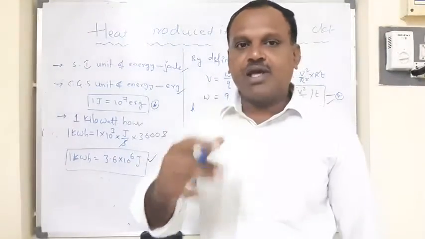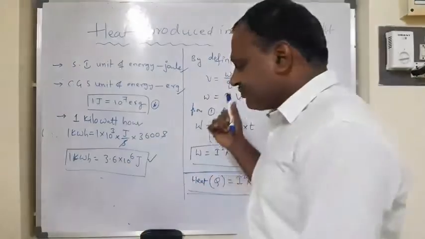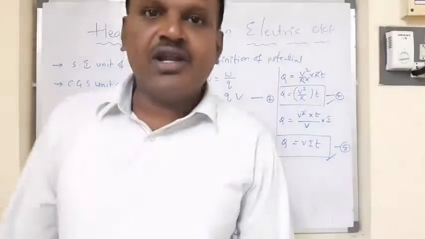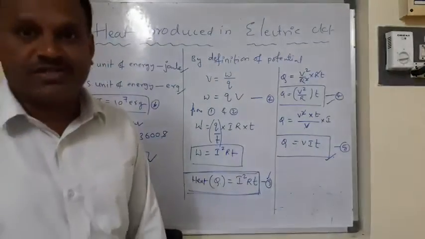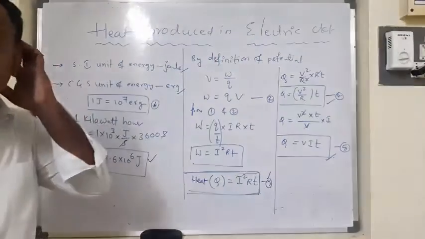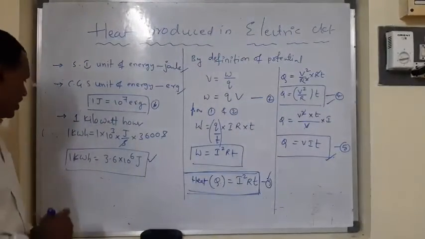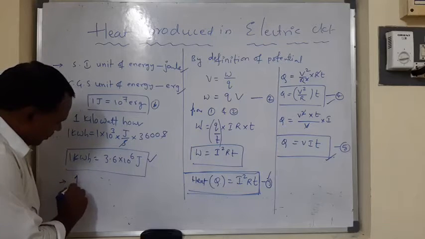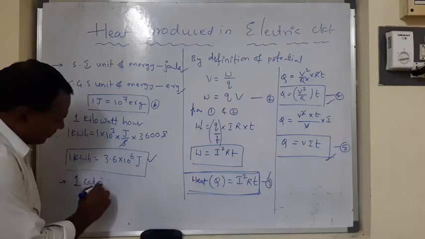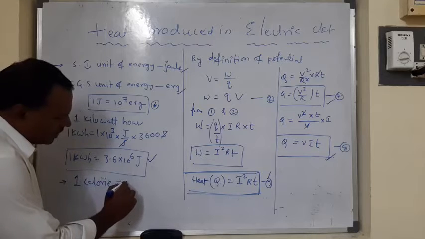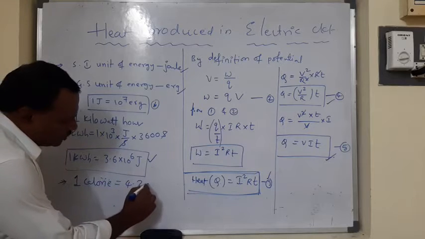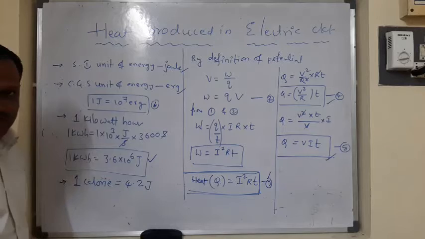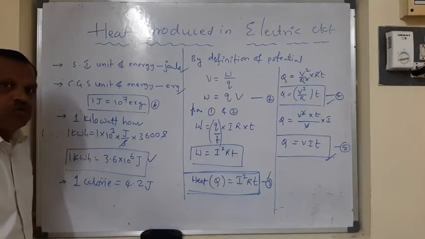The heat energy can be measured in calories. Another unit to measure the energy is the calorie. So here there is one more unit, that unit is calorie. 1 calorie is equal to 4.2 joule.